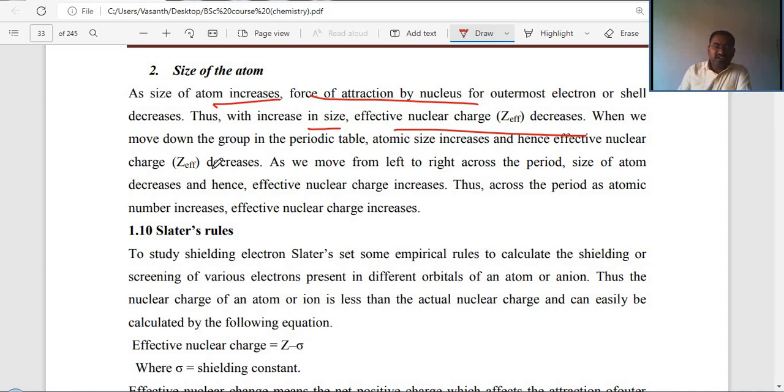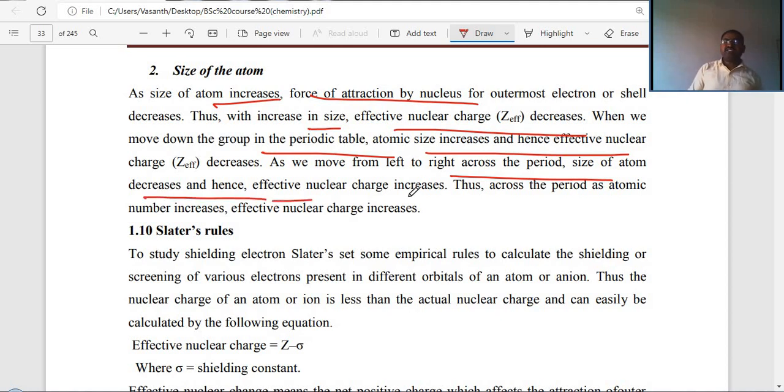As we move down the group in the periodic table, atomic size increases and hence effective nuclear charge decreases. As we move from left to right across the period, the size of the atom decreases and hence effective nuclear charge increases. Thus, across the period, as atomic number increases, effective nuclear charge also increases.